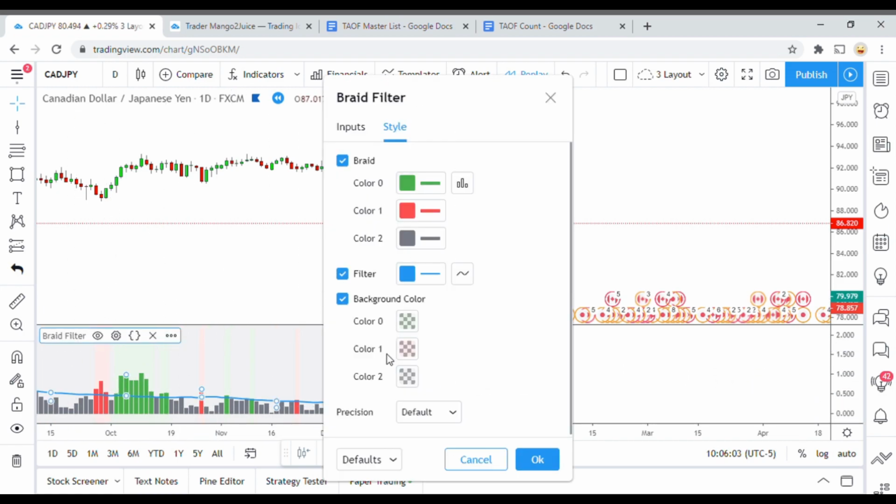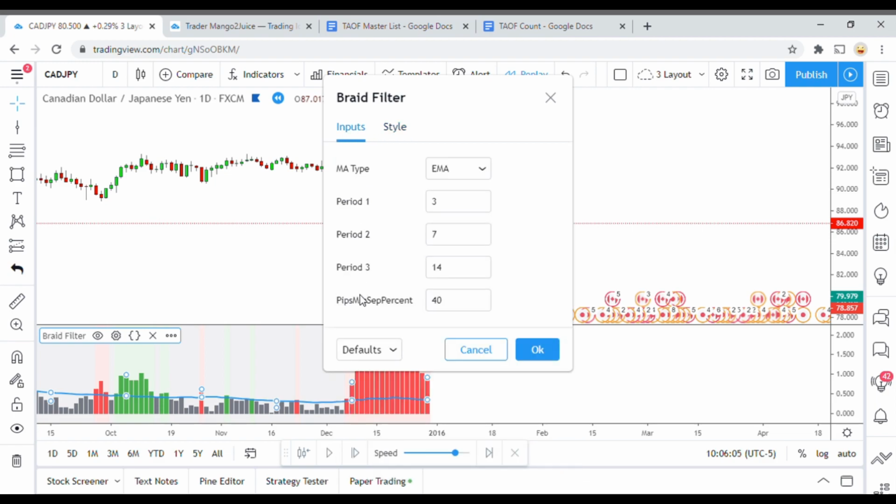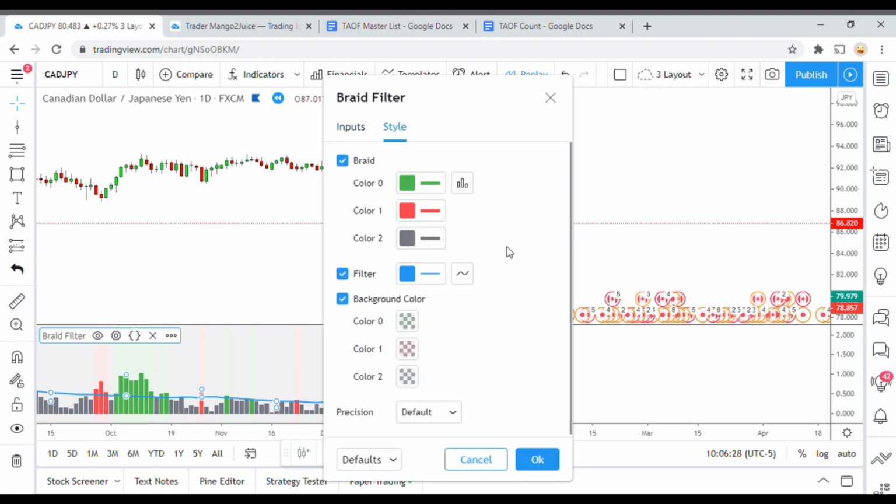It doesn't say exactly, but I imagine it might be a moving average or the EMA, possibly. It does appear that this indicator is based around moving averages in some way. But the line running through is the filter line.